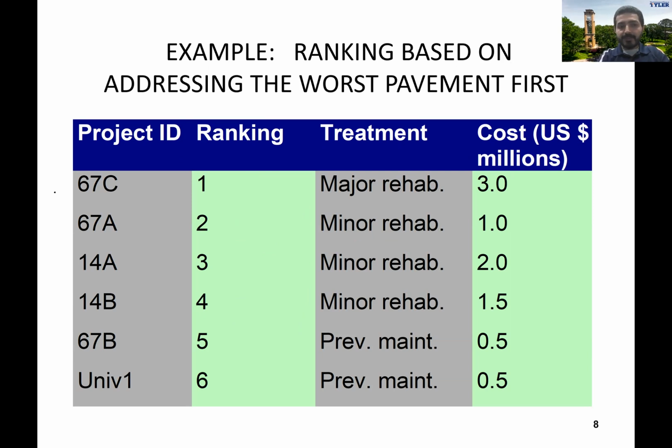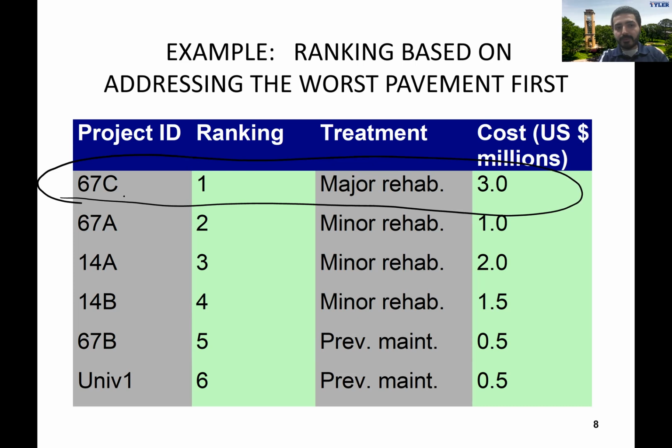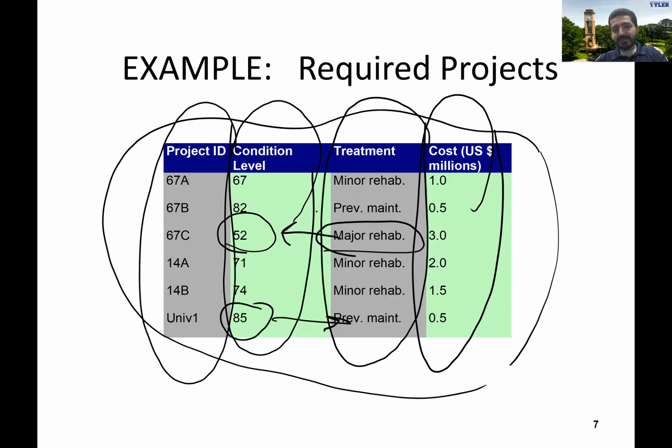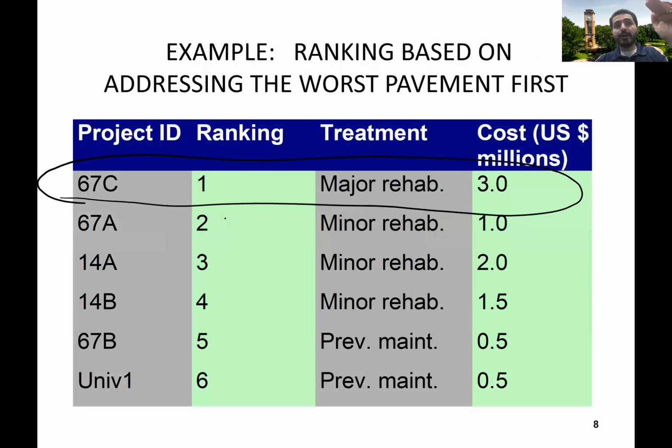So, for example, the project number one that we picked here is 67C. This had the lowest PCI, the worst PCI. So if we are following the old school approach, saying that the worst has to be fixed first, then 67C would be rank number one, and we need a major rehabilitation, and the cost for that project will be $3 million.